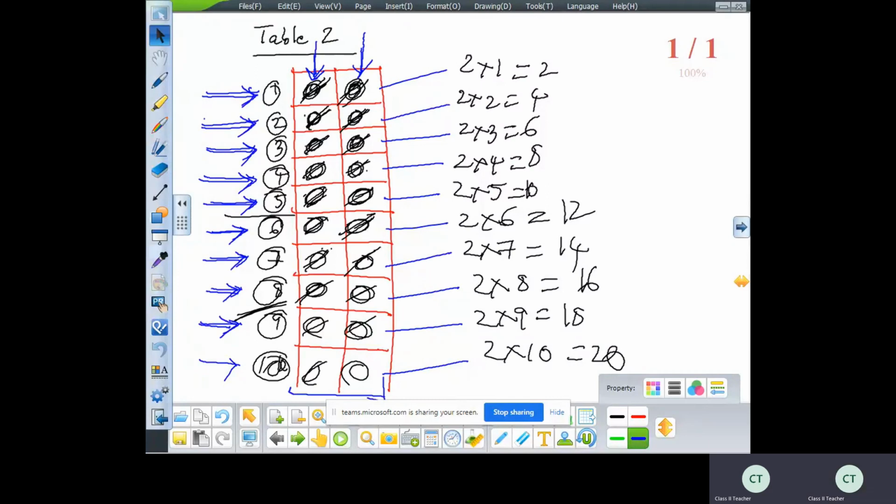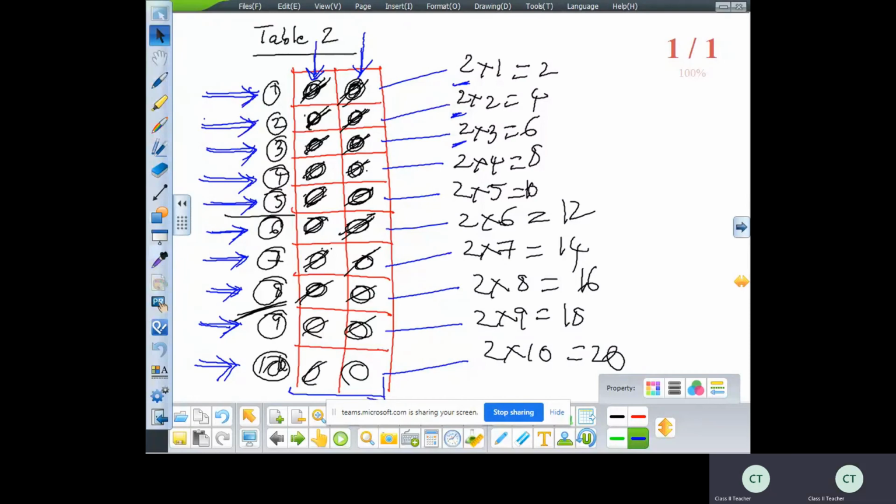We get the 2 table. 2 ones are 2, 2 repeated 1 time. 2 twos are 4, 2 repeated 2 times. 2 threes are 6, 2 repeated 3 times. 2 repeated 4 times.